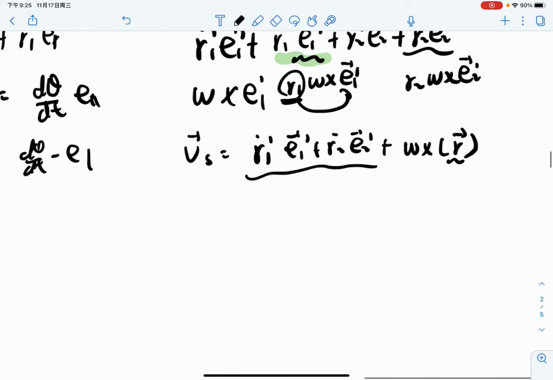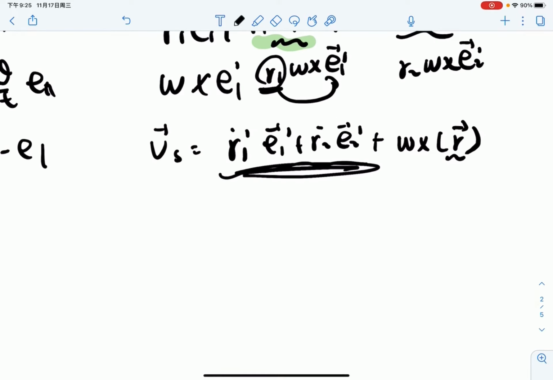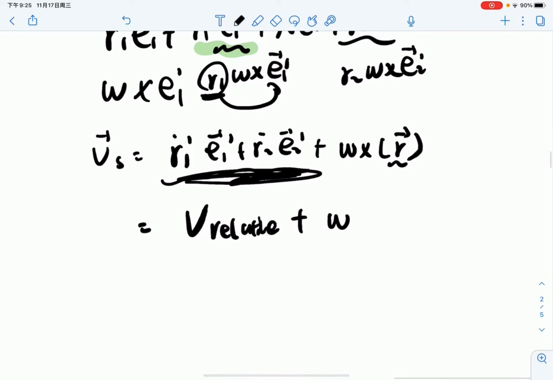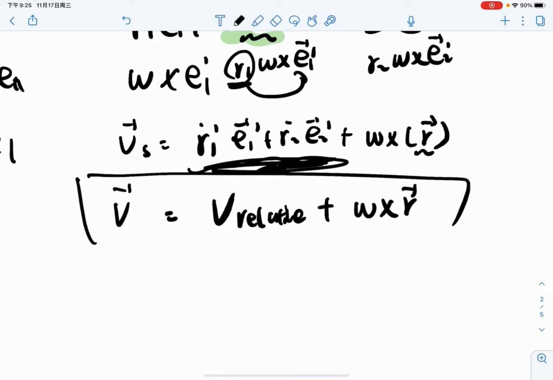So basically, this term is telling us that this is the relative velocity of the object in the S prime frame of reference, or in the disk. So this is basically equal to V relative plus W cross R vector, which is here.